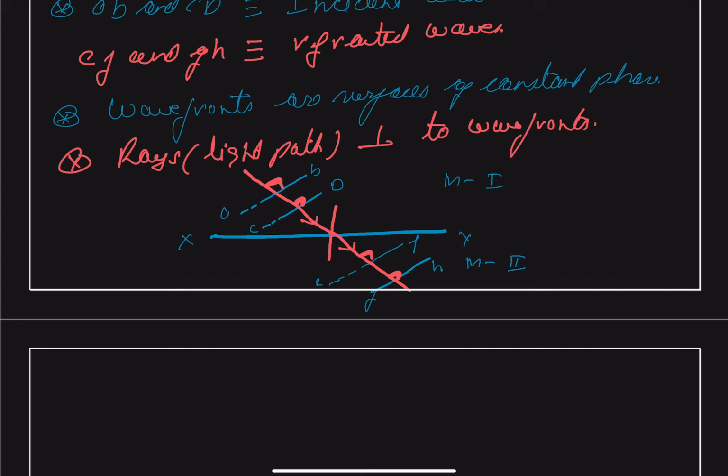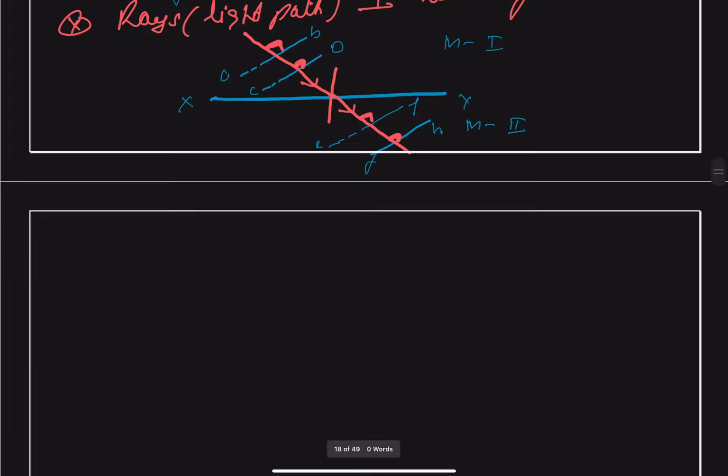So therefore, we can also say that the wavefronts are equally spaced and parallel. And the rays which are perpendicular to the wavefronts are also parallel lines.